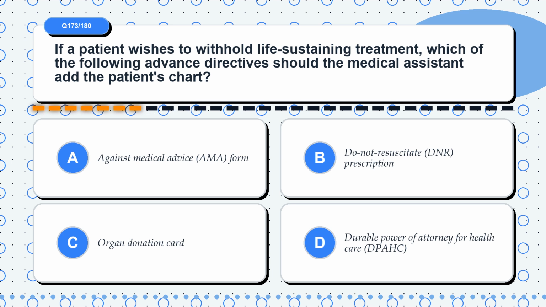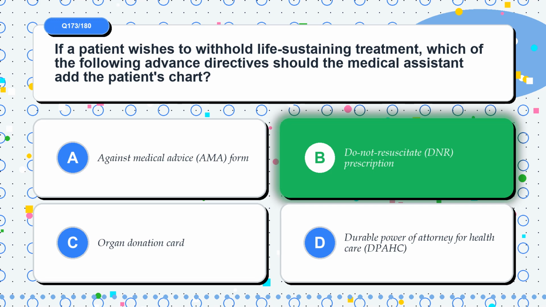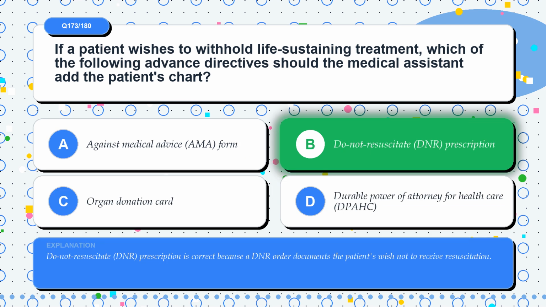Option C, organ donation card. Option D, durable power of attorney for healthcare. The correct answer is option B. Do not resuscitate DNR prescription is correct because a DNR order documents the patient's wish not to receive resuscitation.